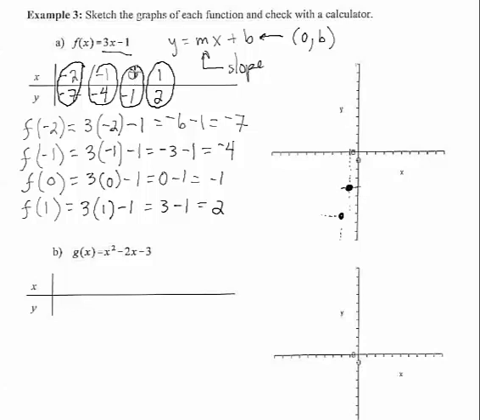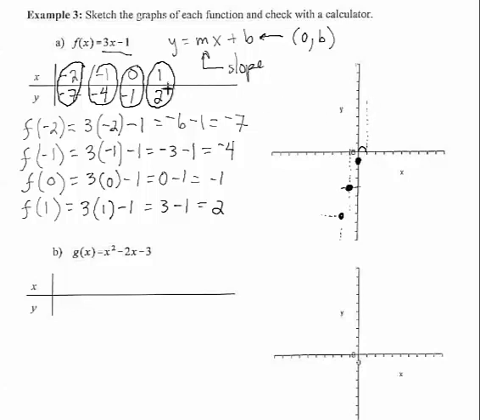The next one is 0, so I start at the origin and I stay there. I don't shift left or right, and my y coordinate's -1, so I just go down 1 on the y-axis and plot a point. And at this point you're starting to see that all of these points fall along a straight line. And just for completeness, I'll plot this last one, x equals 1. I would shoot over 1 to the right from the origin.